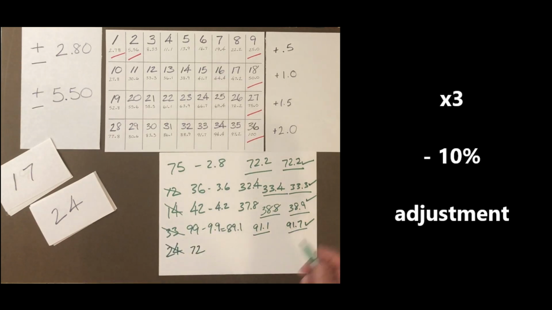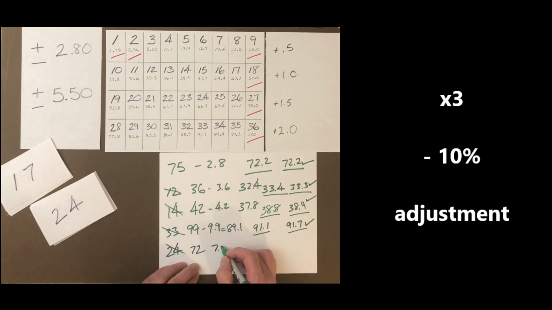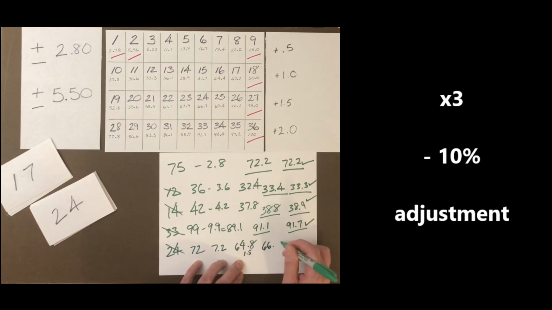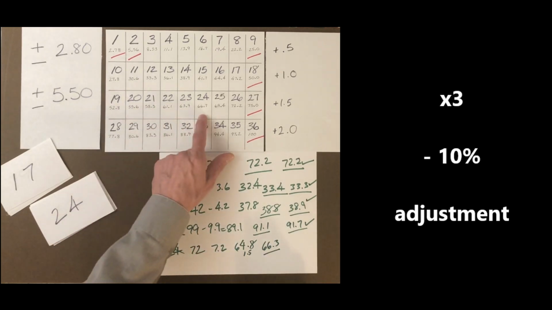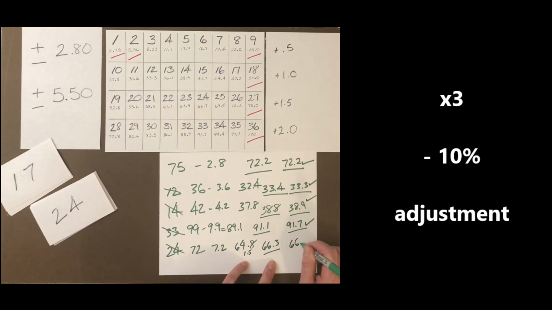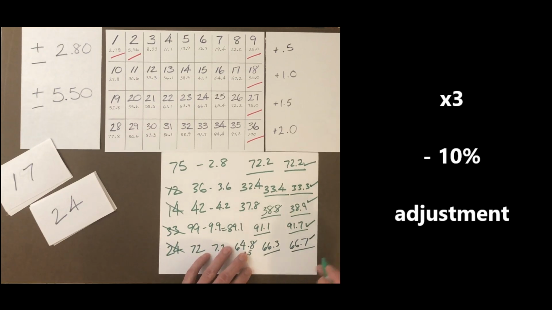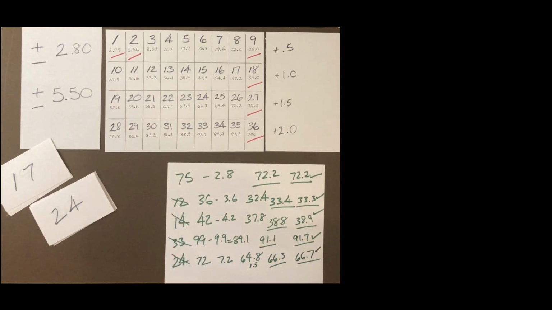Going to subtract our 10%, so that gives us 64.8. And we are on our third line, so we're going to add 1.5 to that. So this becomes 66.3. Actual answer is 66.7, easily within 0.5%.